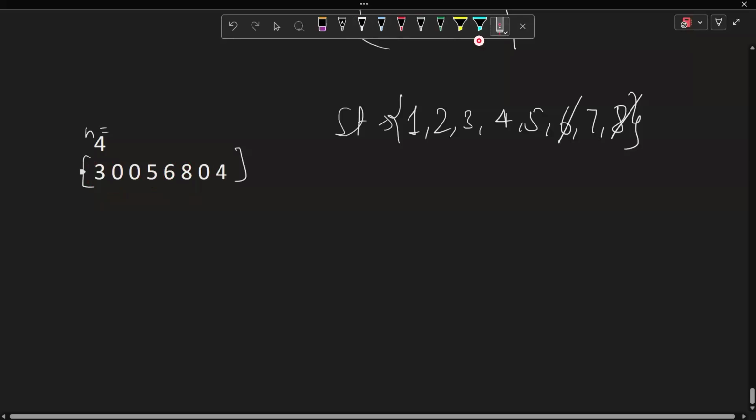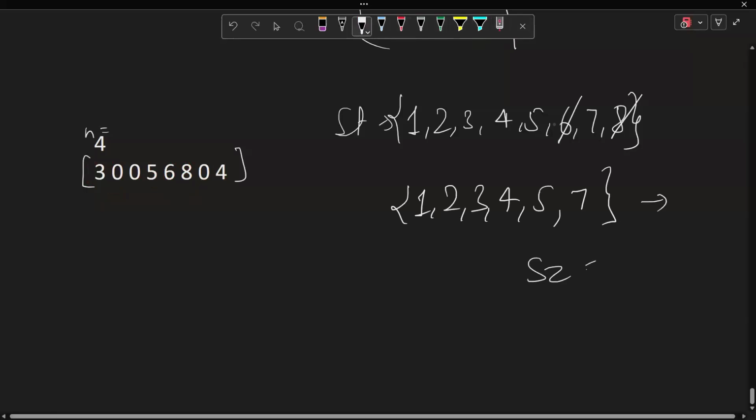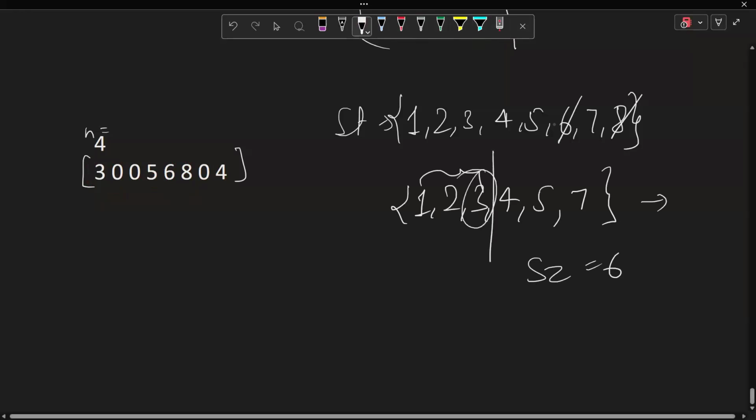Now here one of them is non-zero. Now what you have in your set is 1 2 3 4 5 7. This set is of size 6. So just take up till the first 3 elements. The third element of the set is 3, so your range is defined here.